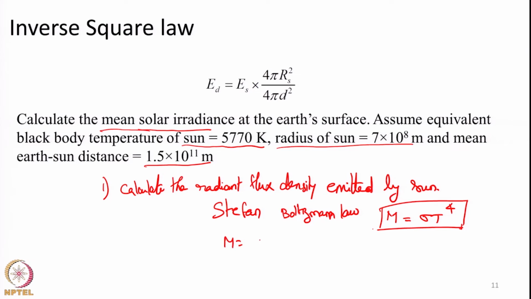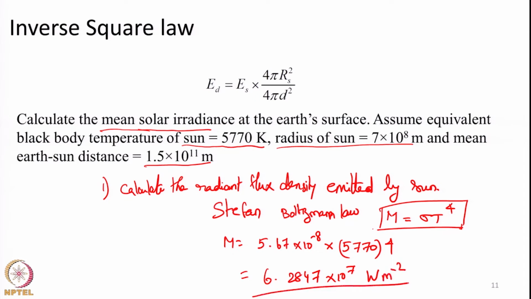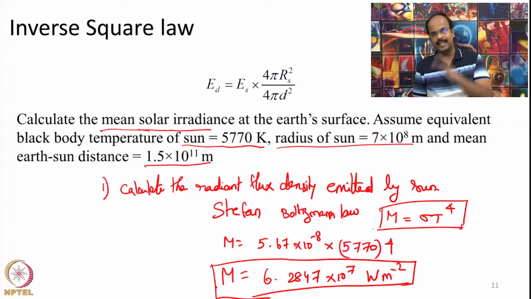M is equal to 5.67 into 10 power minus 8, the value of sigma, multiplied by the temperature of the sun, 5770 power 4. If you solve this, we get 6.2847 into 10 power 7, and the unit is watt per meter square. So, the Stefan-Boltzmann law gives us the radiant flux density, the amount of energy per unit time per unit area.